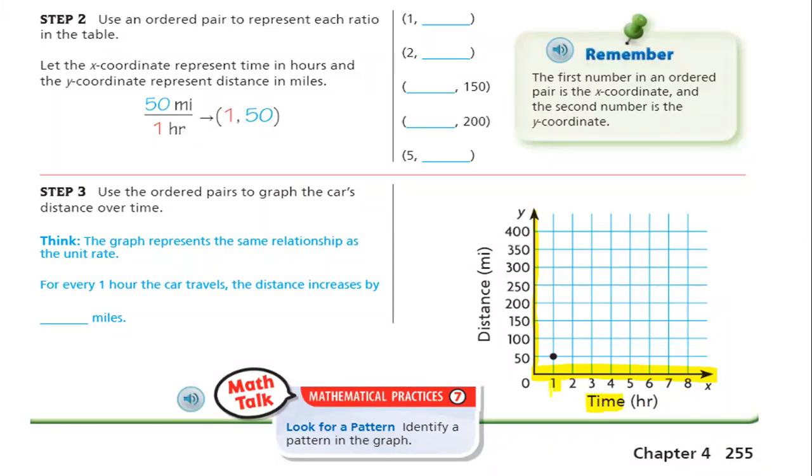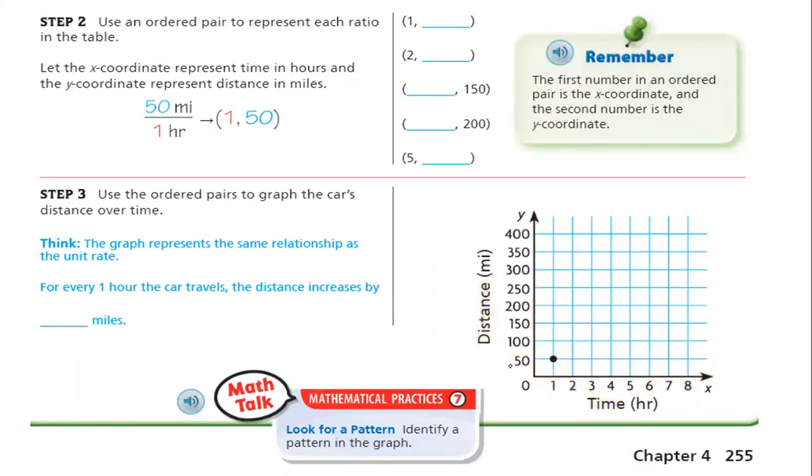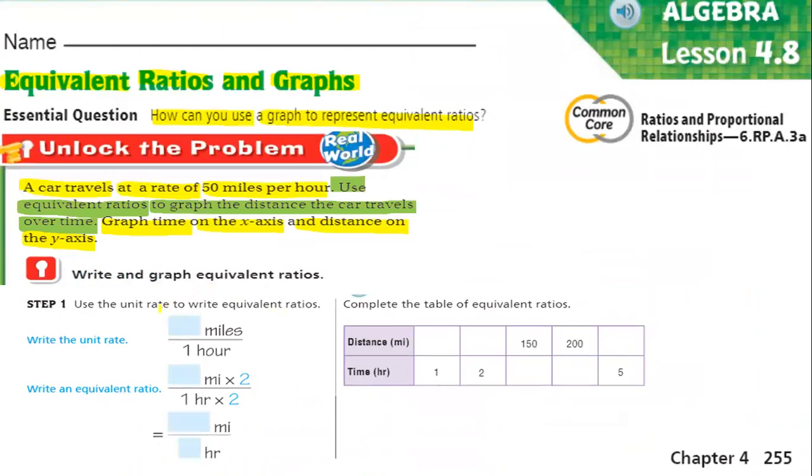This is the time: 1 means 1 hour, 2 hours, 3 hours, 4 hours, 5 hours, 6, 7, 8 hours, and so on. This is the x-axis and it represents time. And here, the y-axis represents the distance. Okay.